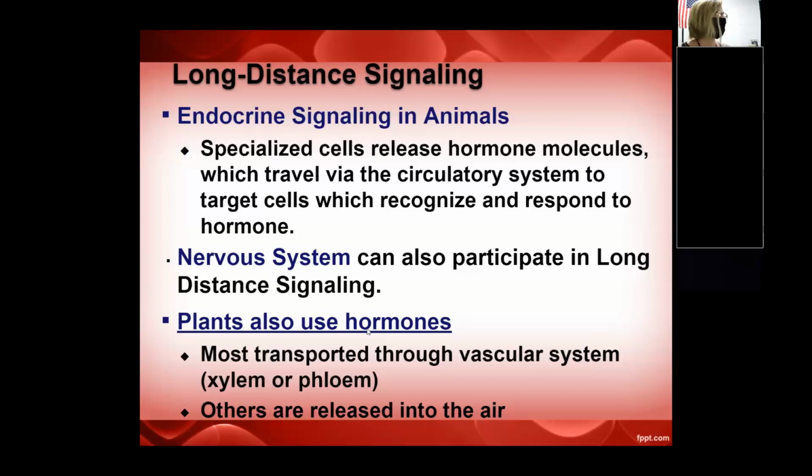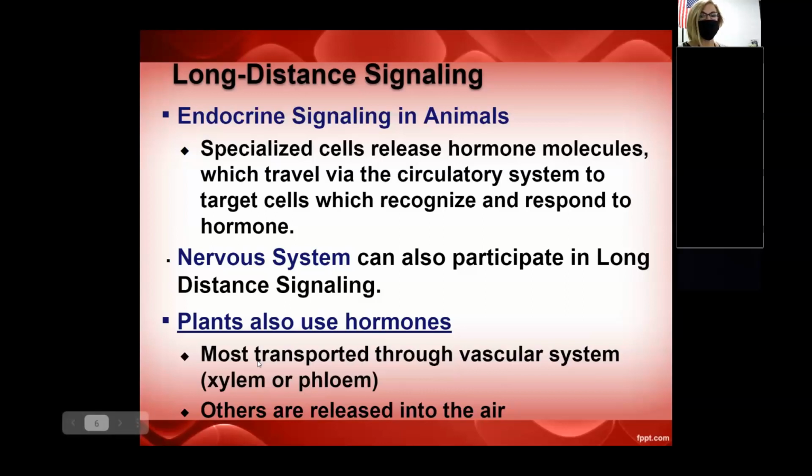And that would make sense. It has to grow and develop and change from a seed to a seedling, and from a seedling to a plant, and then from a plant to like producing flowers and fruit. So they have hormones that will regulate that morphism, if you will. And remember xylem and phloem, we talked about it during water potential.